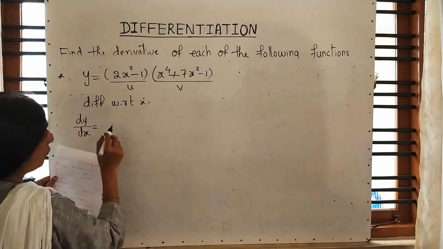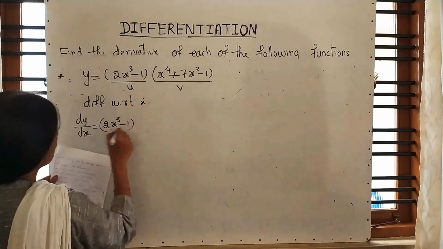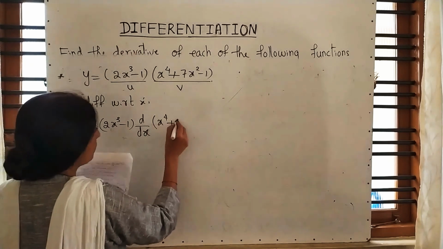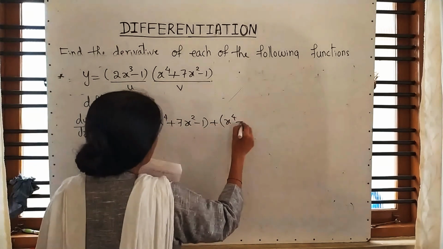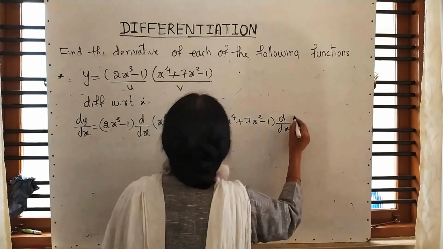First I will apply the U into V product rule here. It is cube. I am not writing any expression, because I know that you are familiar.